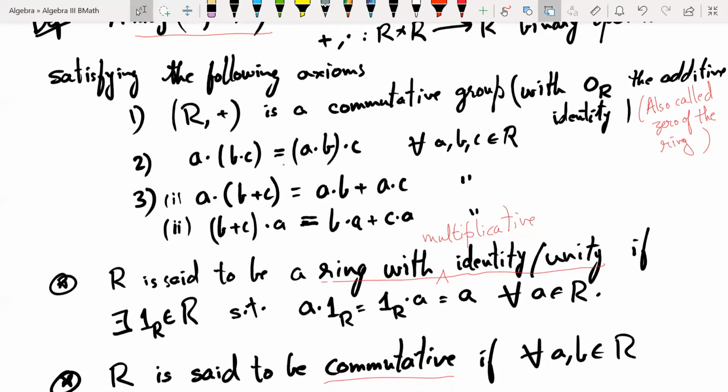When people study more abstract ring theory, they also assume that the ring may not have a multiplicative identity, may not have unity. But most of the useful rings came from other areas. Algebra was developed to solve problems in areas like number theory and algebraic geometry.